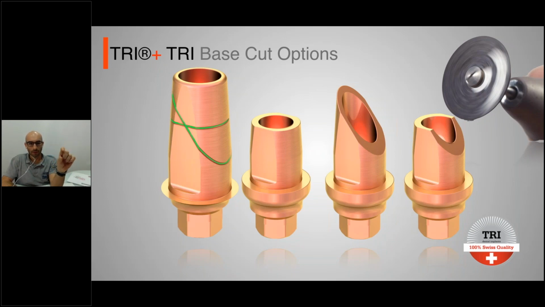So you can choose different heights of the T-base, and you can choose also to cut the T-base at 45 degrees. And this is for the angled screw channel, if you have to do this. So all these options are still available, and it's very helpful, because you only have to use one T-base for 8 different angled screw channels, so different solutions.